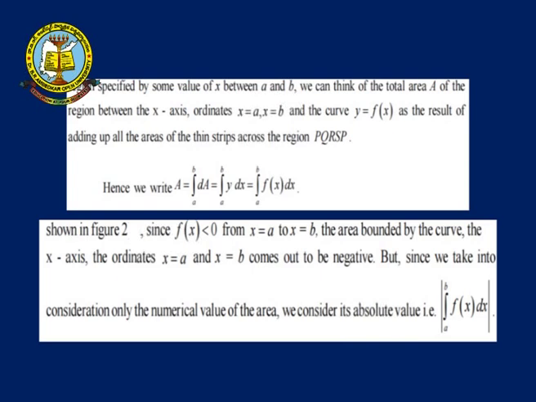Area is always positive, so although f of x is a negative function, the bounded area is the modulus of integral a to b f of x dx. That is figure 2, where the region from a to b, y equal to f of x is less than 0, is the curve going downwards. That area I identify as mod integral a to b f of x dx.